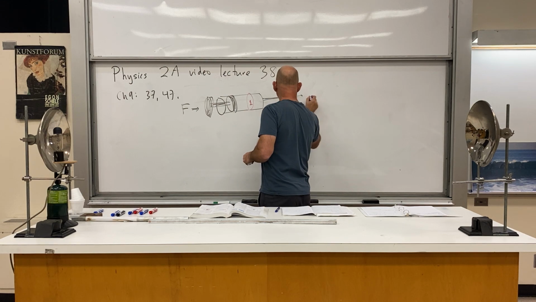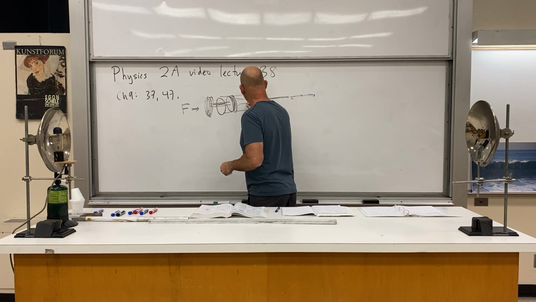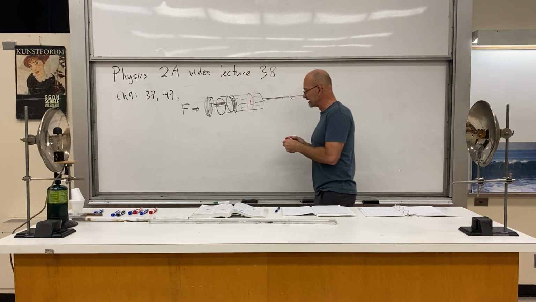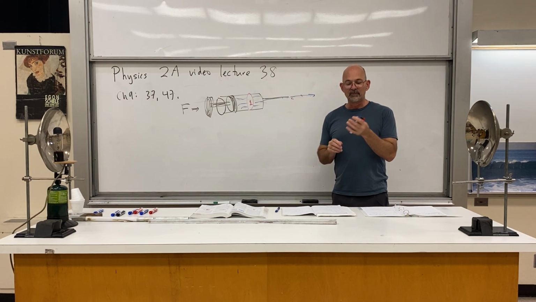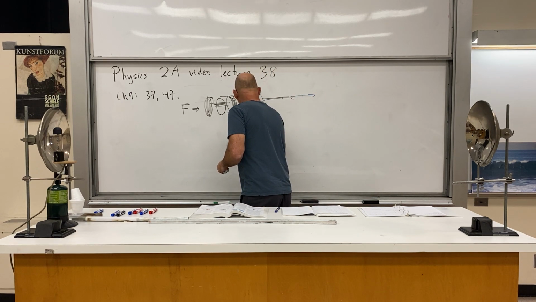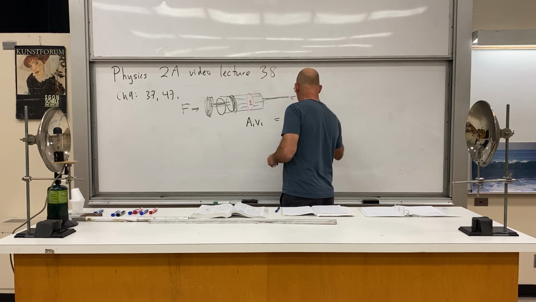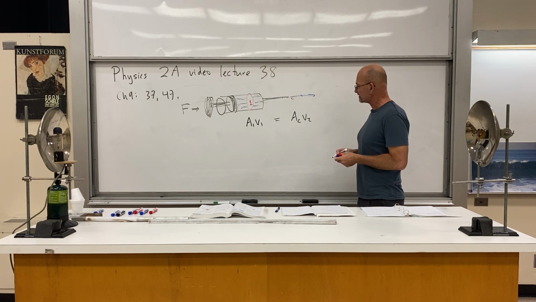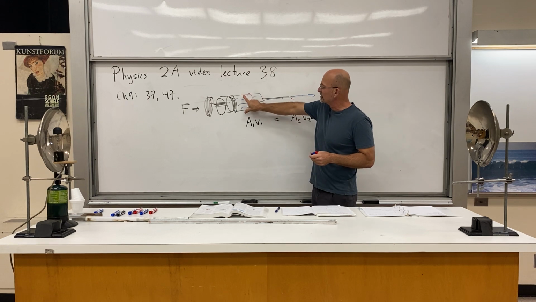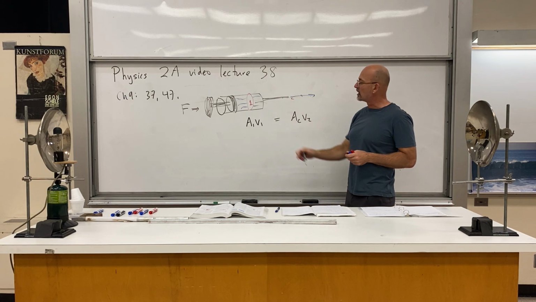Okay, so there's some fluid squirting out right here. There's fluid inside there. Okay, so you can think of two things. You could think that we have A1 V1 equals A2 times V2, but they only gave us the cross-sectional area of the syringe and not of the needle, so there's a problem there.